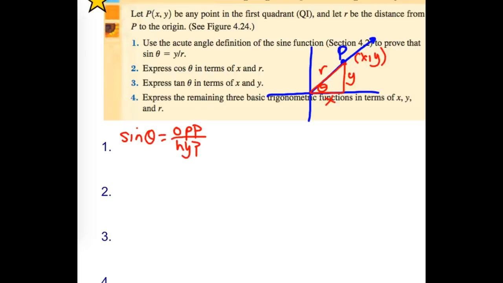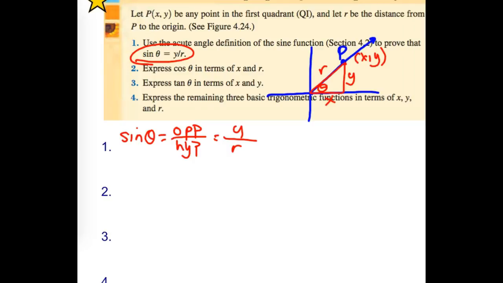Okay, so based on my picture, which side would be opposite? The y? And hypotenuse would be r. So we have proved that the sine of theta can be defined as y over r instead of opposite over hypotenuse.